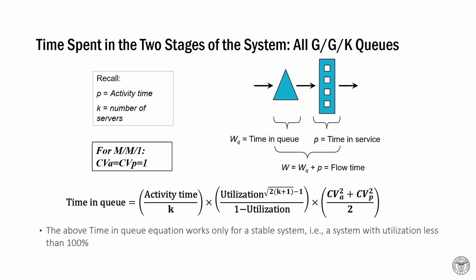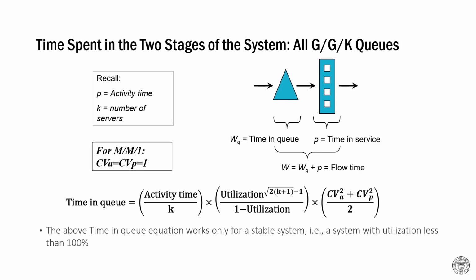For an MM1 model, where both CVA, arrival rate variability, and CVP, service rate variability, equal 1, the formula simplifies accordingly. However, it is crucial to note that this equation applies only to a stable system.